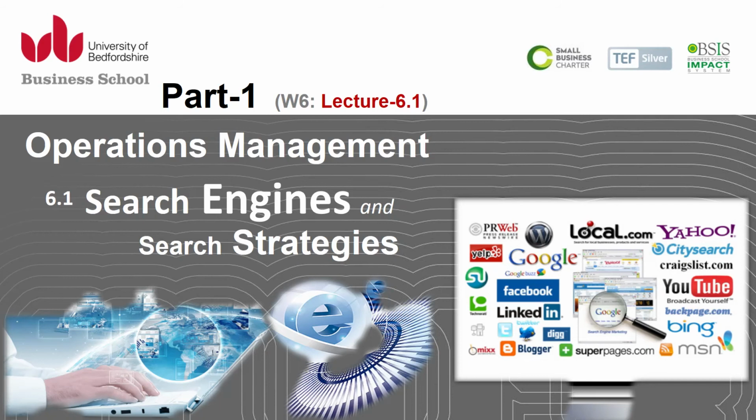Even in research, we use Google Scholar for various research articles. One of the most popular search engines worldwide is Google. However, MSN and Yahoo are also used as other key search engines.